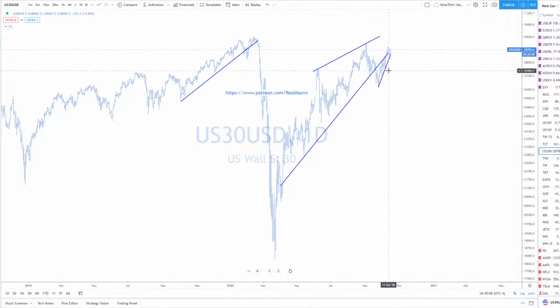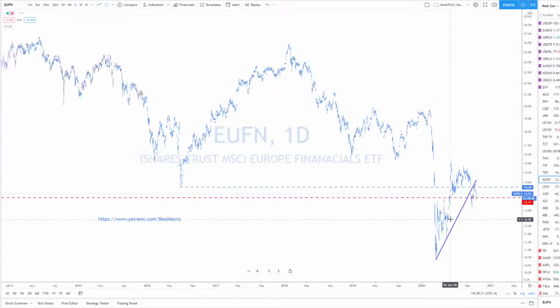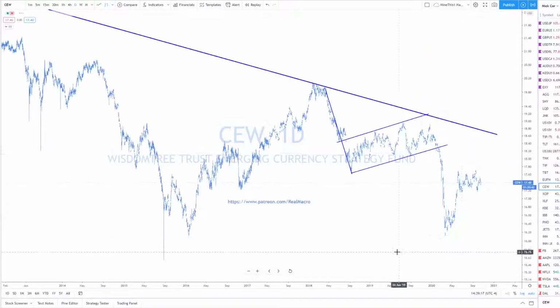So remember, when the 10-year bond rises, the interest rate falls. All right. European banks looking weak. They've broken down. No follow through so far. Emerging market currencies, just in a bear flag. In this flag, is it bearish? No. It's just pausing. All right.